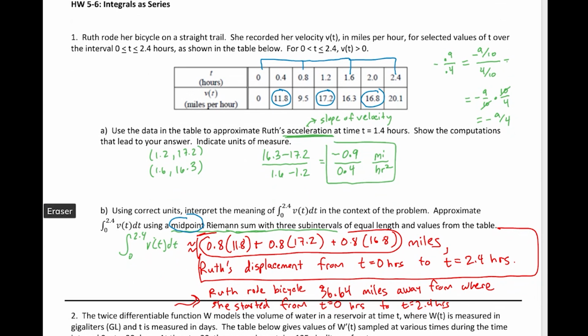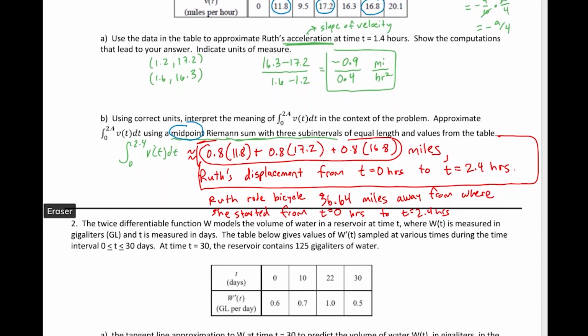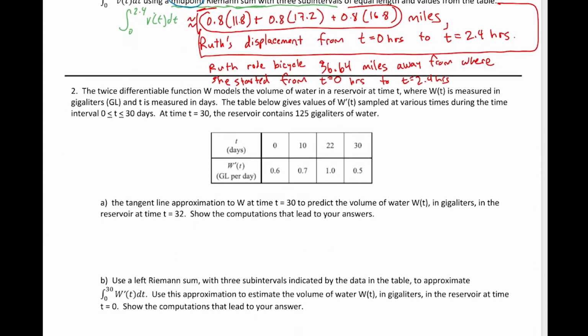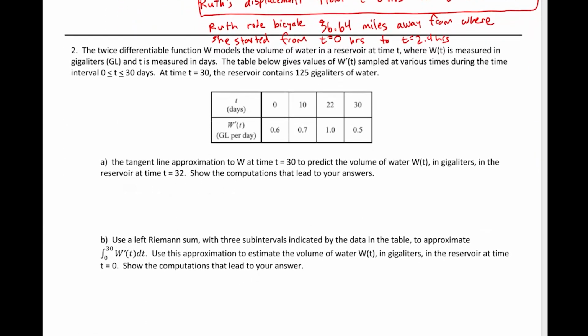Okay, there's number 1. Let's take a look at number 2. It says a twice differentiable function W models the volume of water in a reservoir at time t, where W is measured in gigaliters and t is measured in days. The table below gives the value of W prime, so the derivative of W, sampled at various times during the interval between 0 and 30 days.